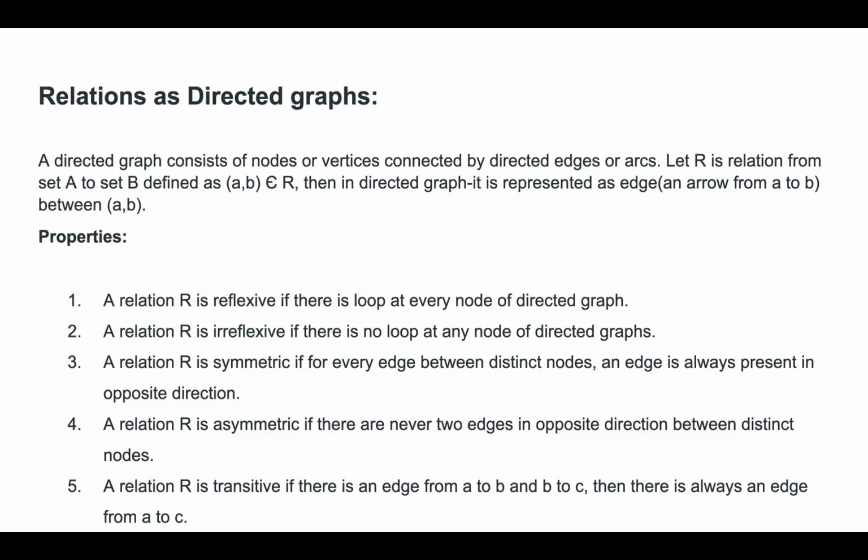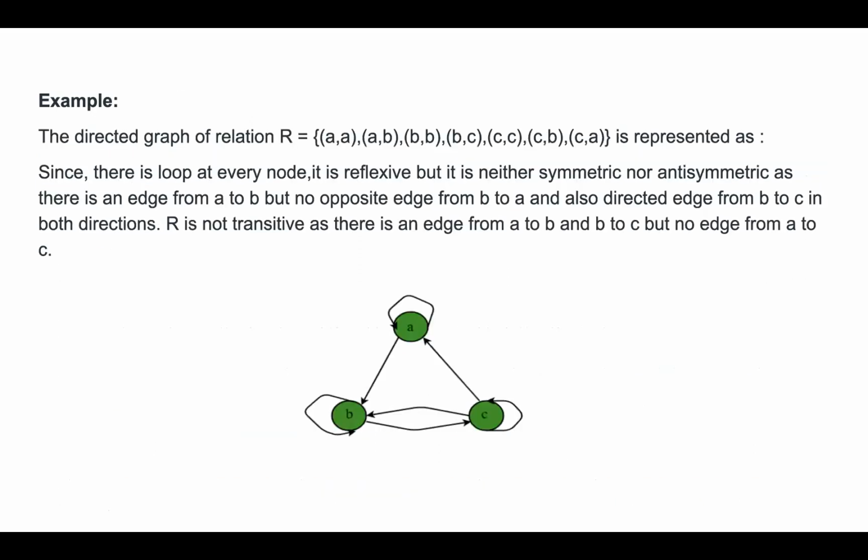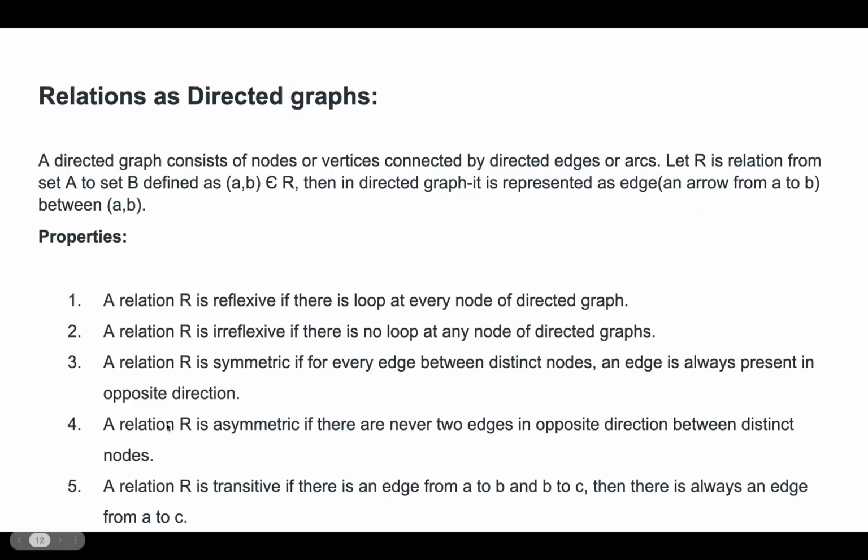Okay, here we can see, suppose relation B to C is there, C to B should also be there to be taken as symmetric. Okay, then relation R is asymmetric if there are never two edges in opposite direction between distinct nodes.